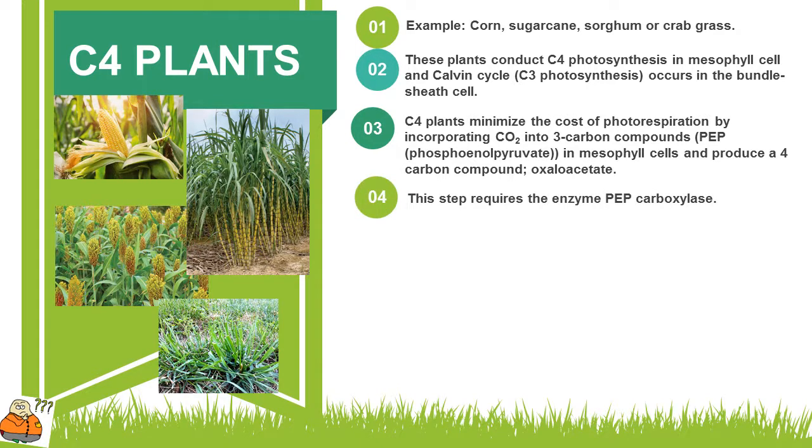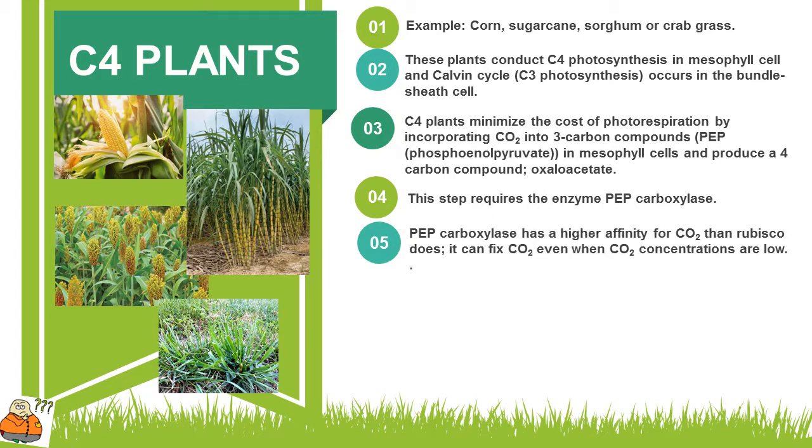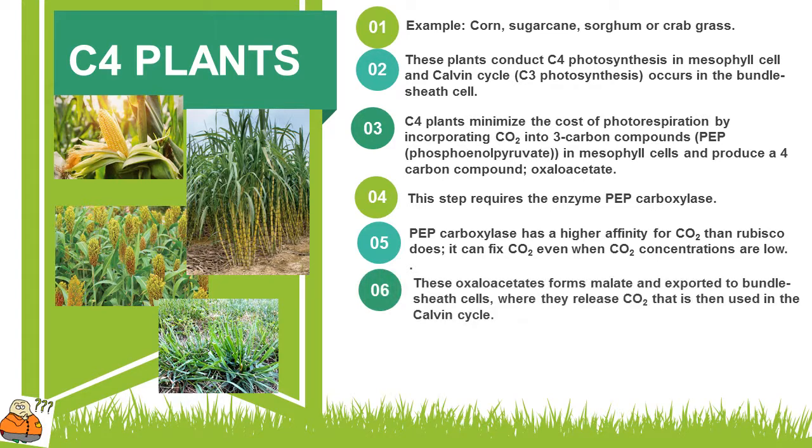This step requires the enzyme named PEP carboxylase, phosphoenol pyruvate carboxylase. PEP carboxylase has a higher affinity for carbon dioxide than Rubisco does. It can fix carbon dioxide when carbon dioxide concentration is low. The oxaloacetate forms malate, and then malate is exported to the bundle sheath cell where it releases carbon dioxide that is then used in the Calvin cycle.